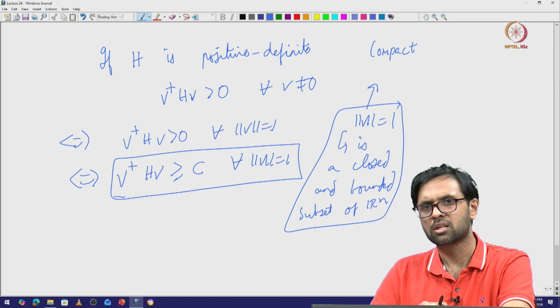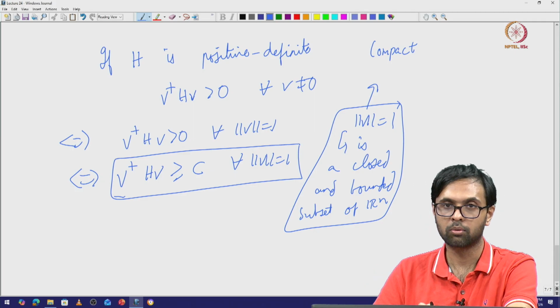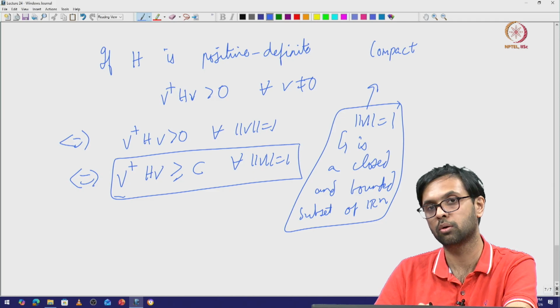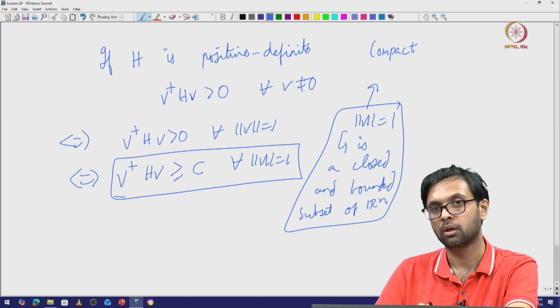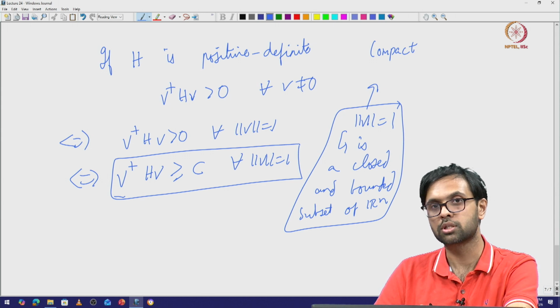Why is norm V equal to 1 a closed subset of Rn? I invite you to check. It's by definition, and you can prove that the complement is open. That is, norm V larger than 1 union norm V less than 1 is open. It's bounded, which means it's contained in a large rectangle, which is also easy to check. Closed and bounded subsets of Rn are compact.